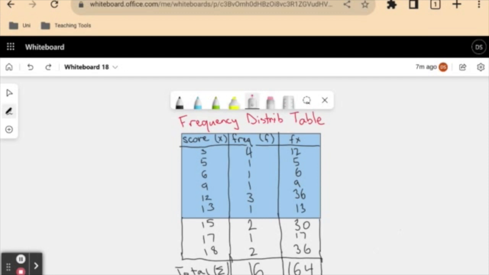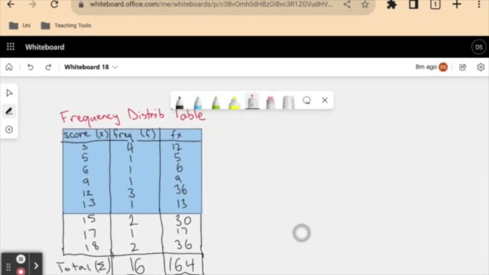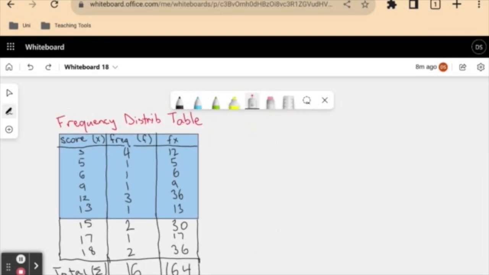And in a lot of your textbooks, the tables will already have been drawn. So all you have to do is essentially just fill in the blanks, right? So I'm going to move this to the side. And for some of you, you may already be seeing why this is already a little bit easier.